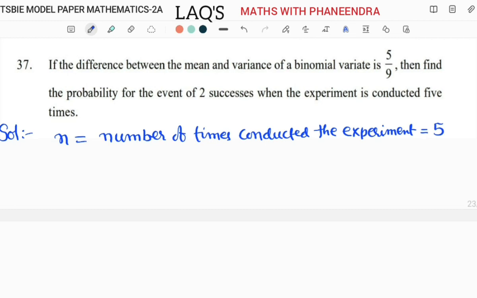Next, let p, q be the parameters of the binomial distribution.